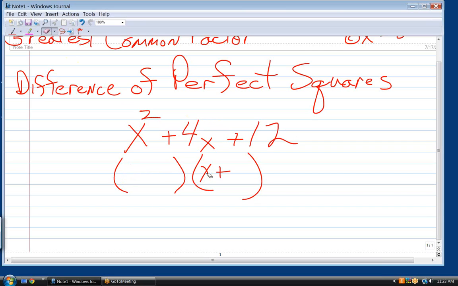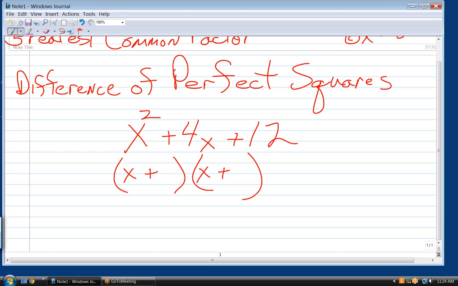Tell me first and second step. That's step 1. Step 2, determine both signs. Positive and positive.